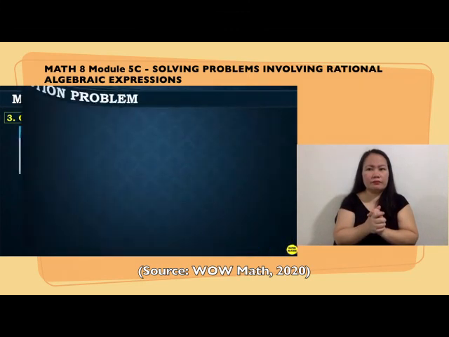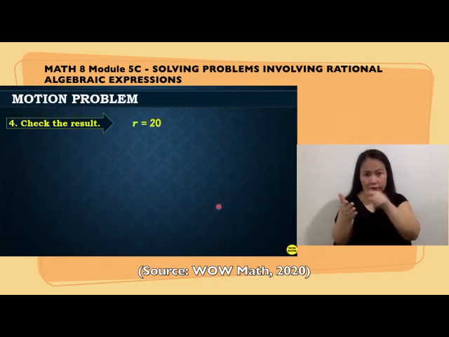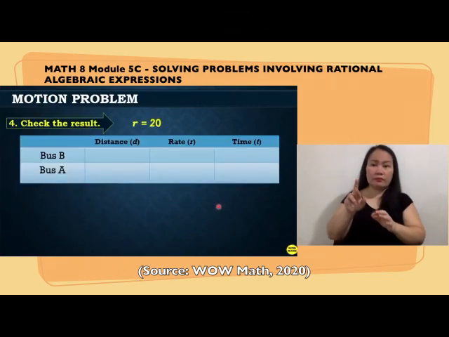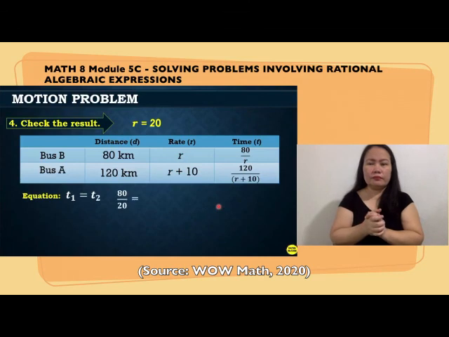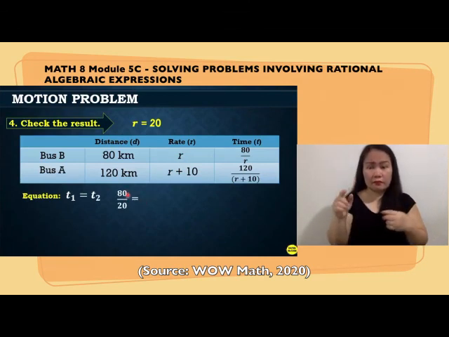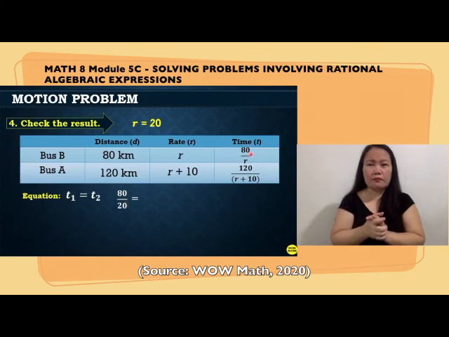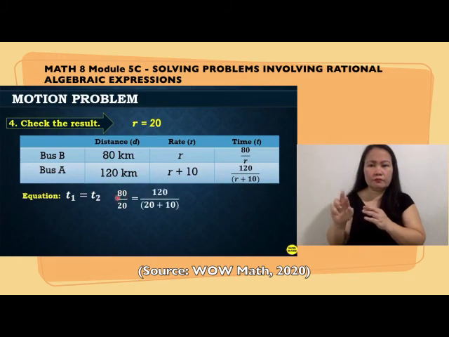Alright. So, let us check the result. So, since our rate is 20, let's go back. So, i-check natin. We have 80 over 20. Binabalikan lang natin ito. So, yung nakuha natin na R is 20. So, 80 over 20 is equal to, kasi ito pa rin yung sinusundan natin, 120 over R plus 10, where your R is 20.